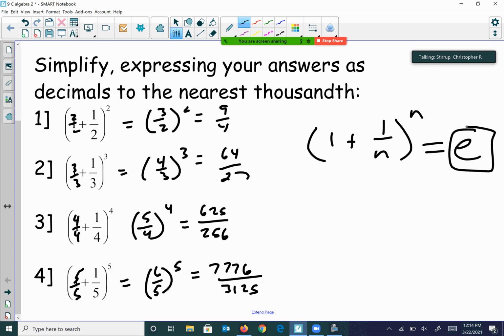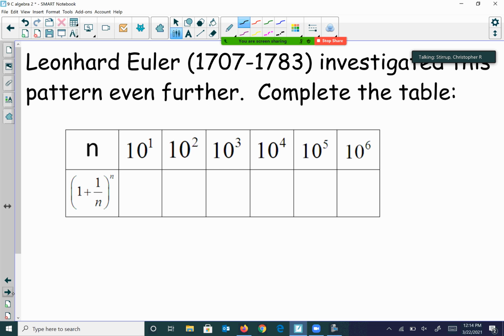Okay, and e itself does represent a number. It comes out to roughly 2.72. I'm rounding it to 2 decimal places. It is an irrational number that goes on and on forever, kind of similar to pi.